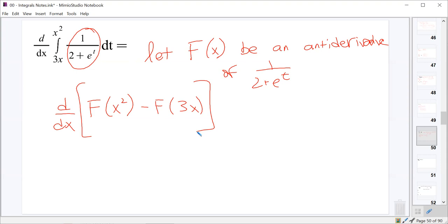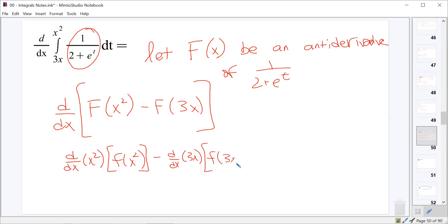But then when we take the derivative, we'll recognize that the derivative with respect to x of capital F of x squared should just be little f of x squared, but then times the derivative of x squared. So we're going to have the derivative of x squared times little f of x squared, and then minus the derivative of 3x times little f of 3x.